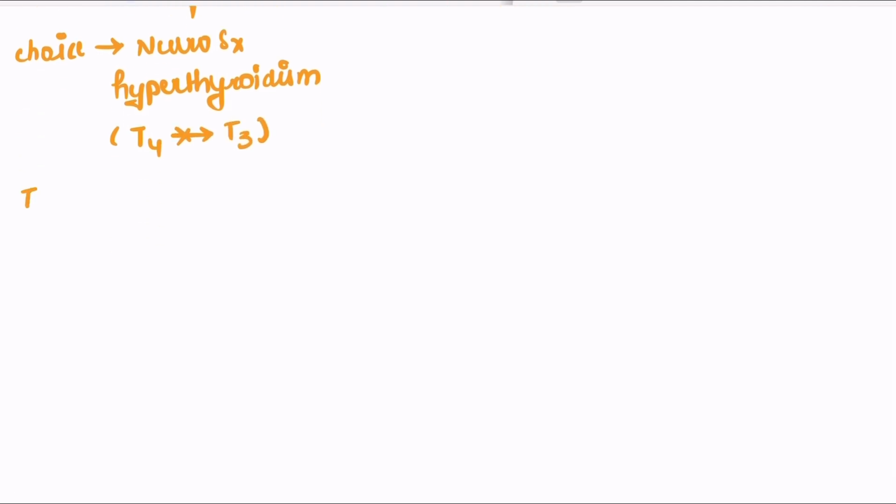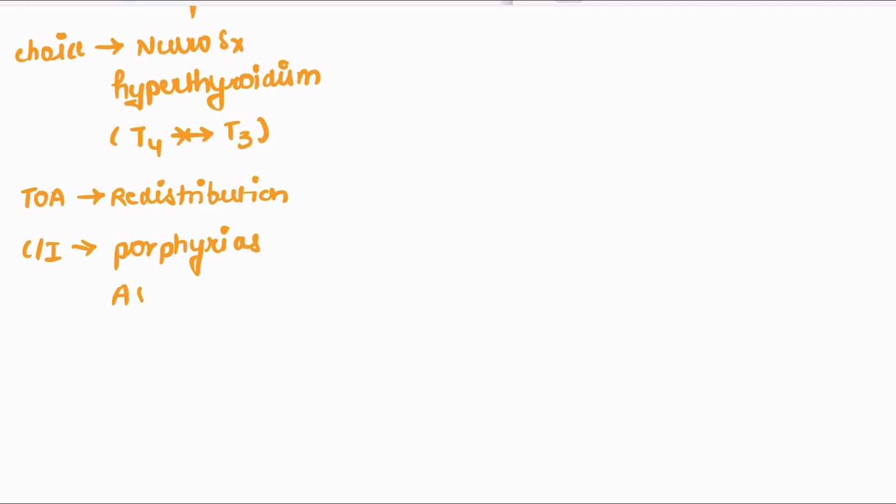The termination of action of thiopentone is by redistribution. Thiopentone is contraindicated in porphyrias. It is also contraindicated in the patient of asthma because it can lead to bronchoconstriction.